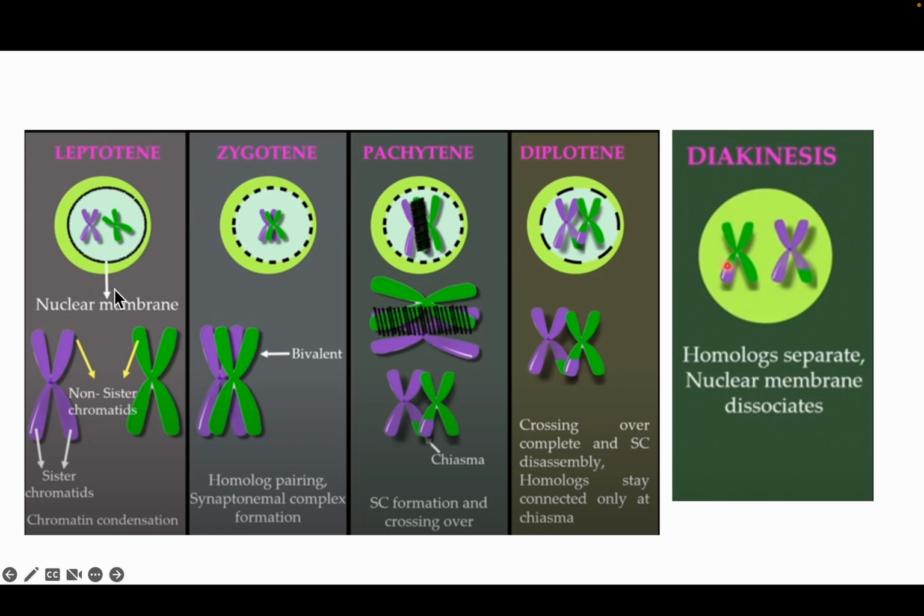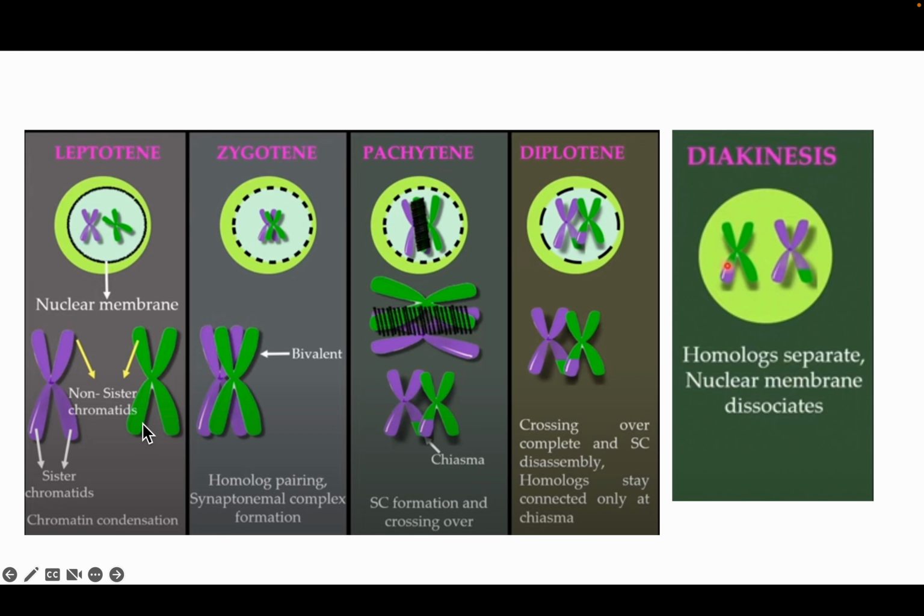In leptotene, the nuclear membrane will start getting degraded, and after replication in S phase, the chromatin will start to condense and form chromosomes. Here you can see two chromosomes are visible, one is pink-purple color, one is green color.